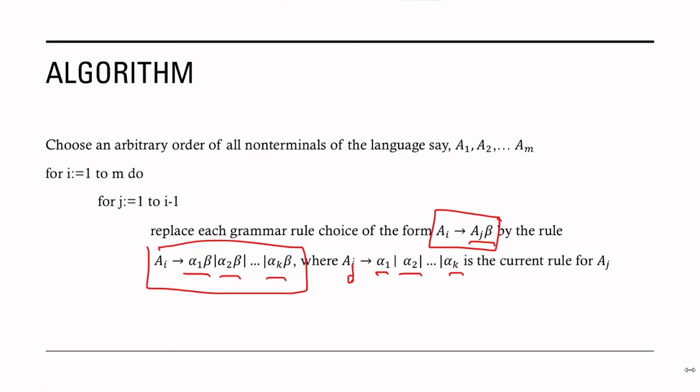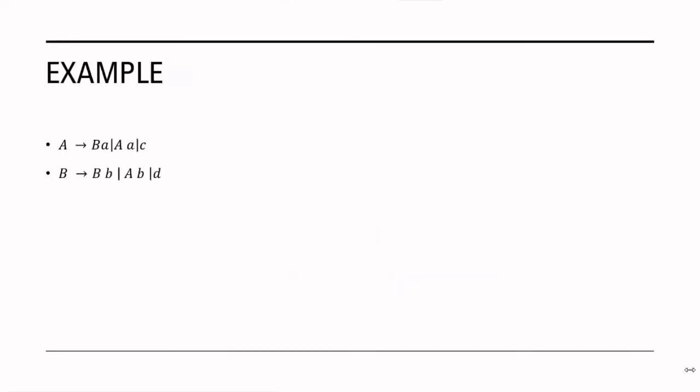So let's look at this example. Here I have a grammar, and we are going to use our algorithm to remove the left recursion here. So let me order the variables like this.